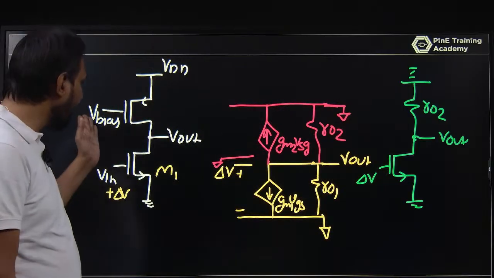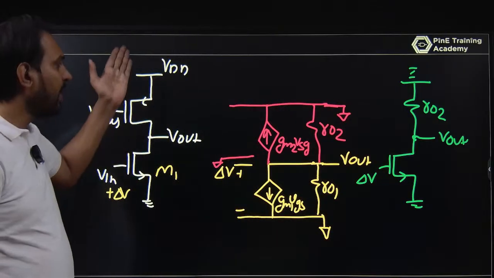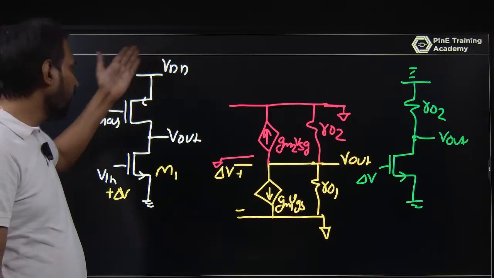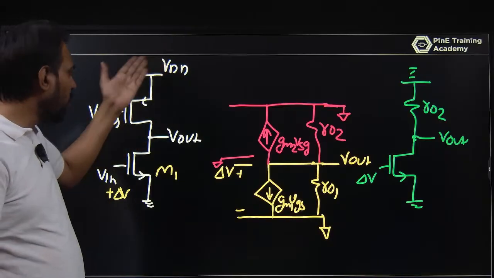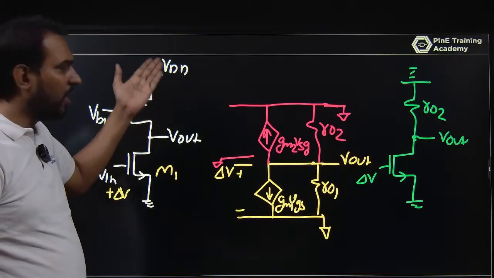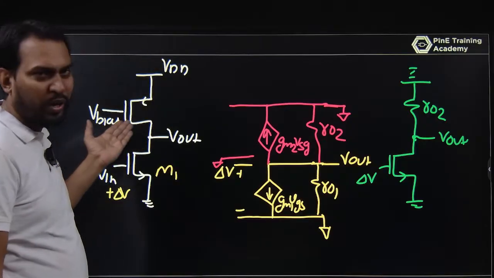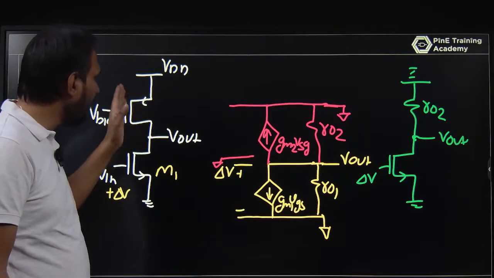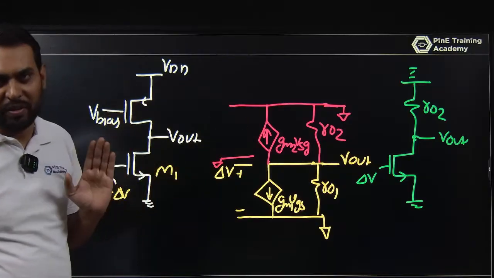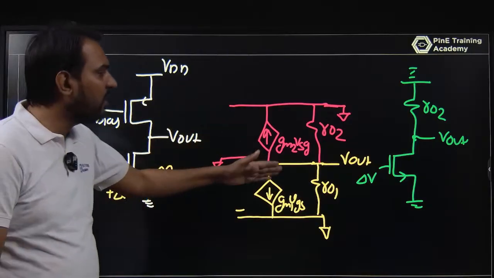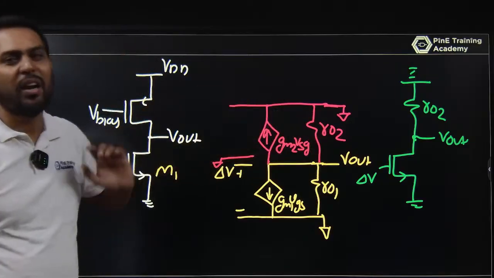Why? Because the gate voltage is fixed, the source voltage is fixed, so VSG is fixed. Source and gate are grounded, 0. So gm VSG is open, and only the resistance R02 is present there.